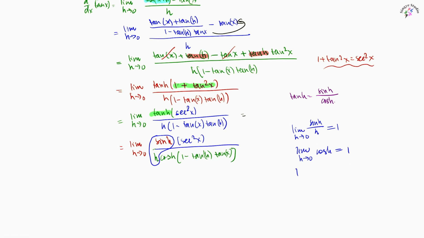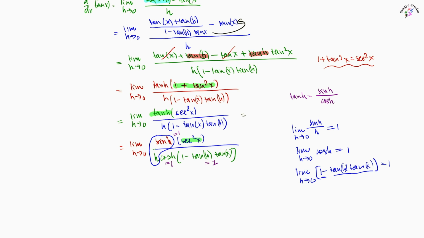And the limit as h approaches 0 of 1 minus tangent h tangent x will also approach 1, because the tangent term approaches 0 when h is 0, but we have 1 here, so it will approach 1. So finally what is left is this is 1, this is 1, and this is 1, and so what is left is just the secant squared x.